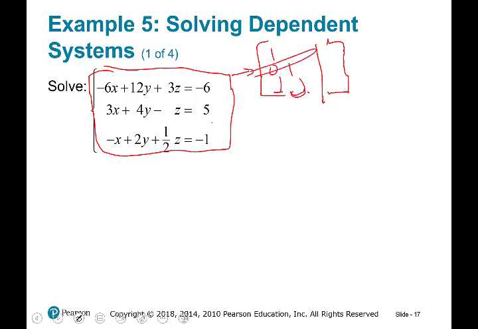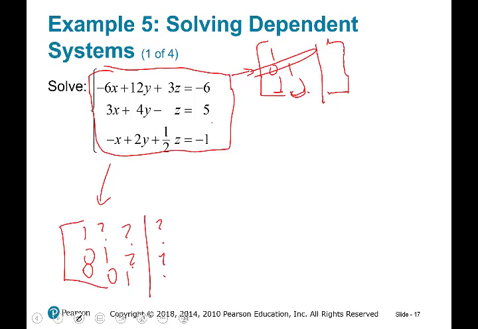Let me just write it down here. Row echelon form: 1, 1, 1, 0, 0, 0. Here you're going to have just numbers, we don't know which ones. And on the right side, numbers.